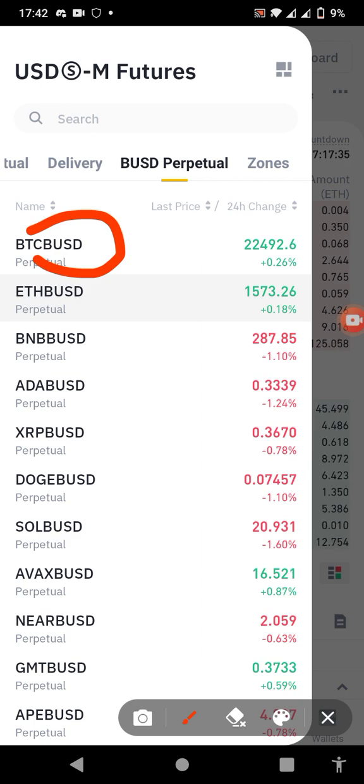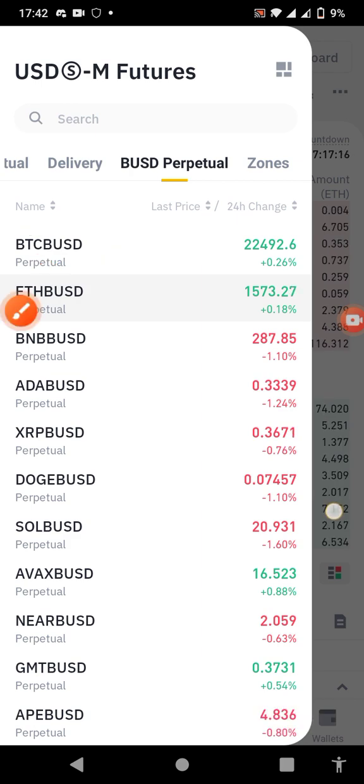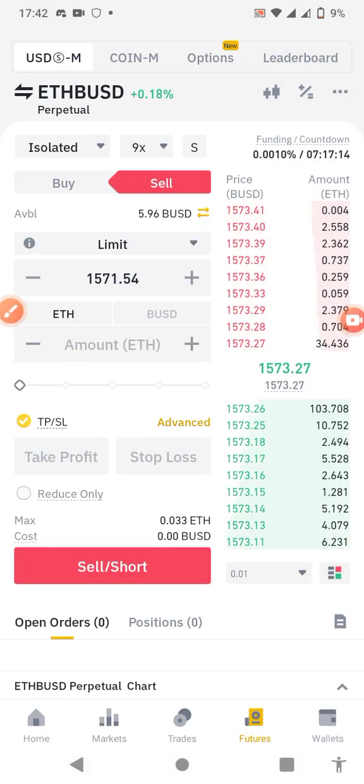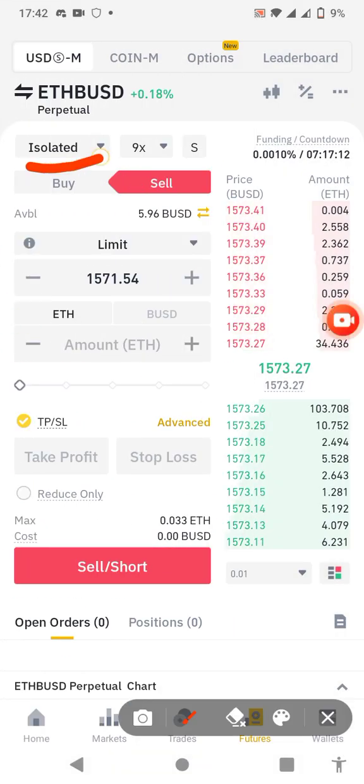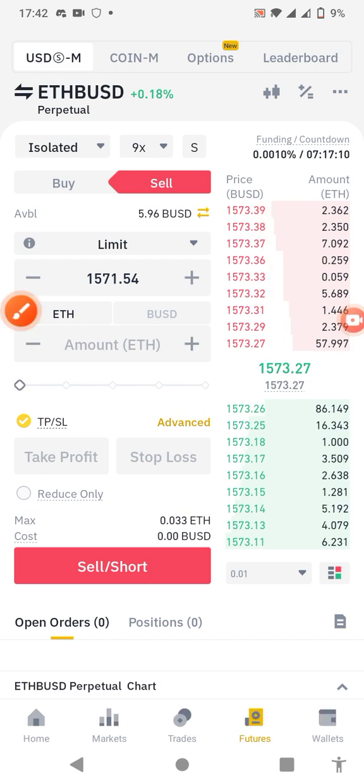You are buying a contract that tells you that Bitcoin is rising or falling, but you are not buying the Bitcoin itself. It's not that you take a Buy Long trade and are able to send it to your friend, the way you receive normal Bitcoin. No, you are buying a contract. So now let's proceed. In this case, we'll be using Ethereum BUSD. Now we have two types of margin. We have the isolated and we have the cross.